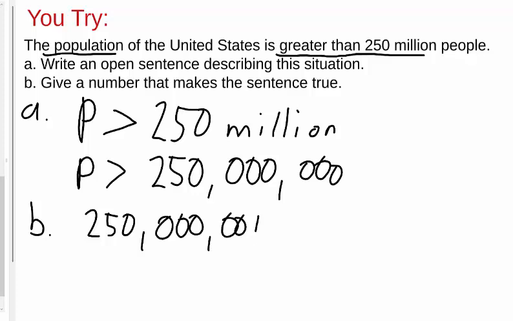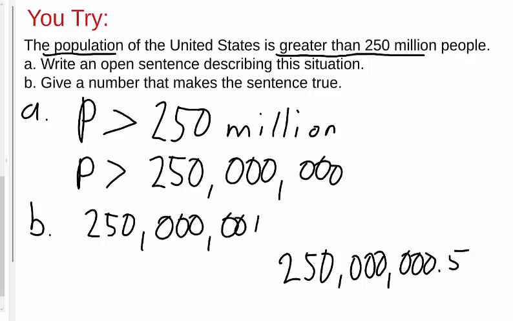Just to kind of preview something. An answer you could give, but that really wouldn't make sense. It's partially true. We could say 250 million 0.5. But we can't have a half a person.